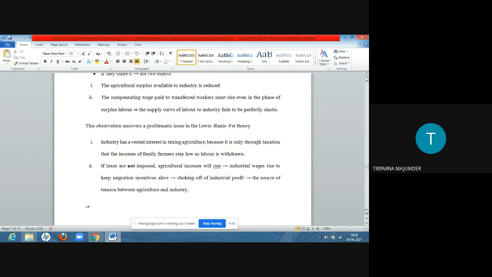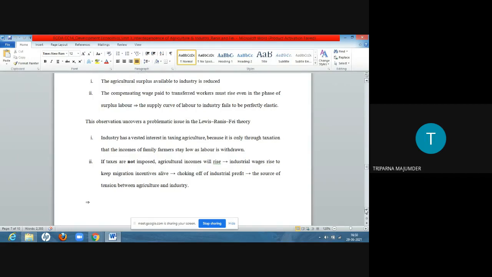Industrial wages rise. This keeps migration incentives alive, but it chokes off industrial profit. The source of tension between agriculture and industry develops.